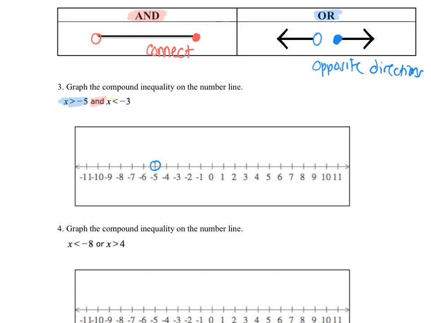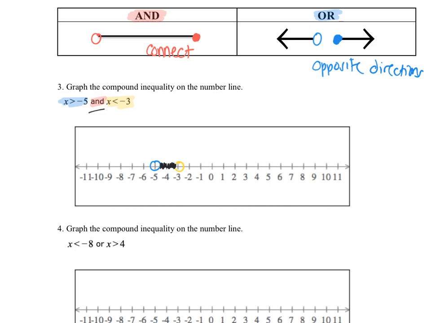Again, that is an open circle at -3. Then, since this is an and inequality, all I'm going to do is connect these two dots, and then my answer is graphed. So figure out if it's an open or closed circle, and then connect the dots if it's an and.